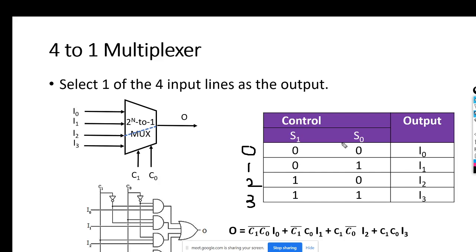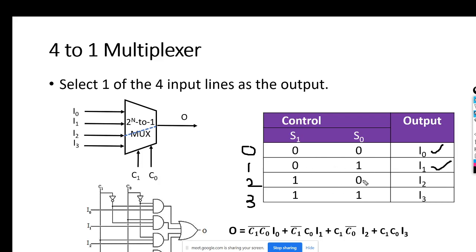When both are 0, your I0 is going to be your output. When 0, 1, something like binary 1, that is why the control signals are also called C0, C1 or S0, S1, because there's a nice number pattern there. When this is 1 in decimal, your I1 is going to be the output.